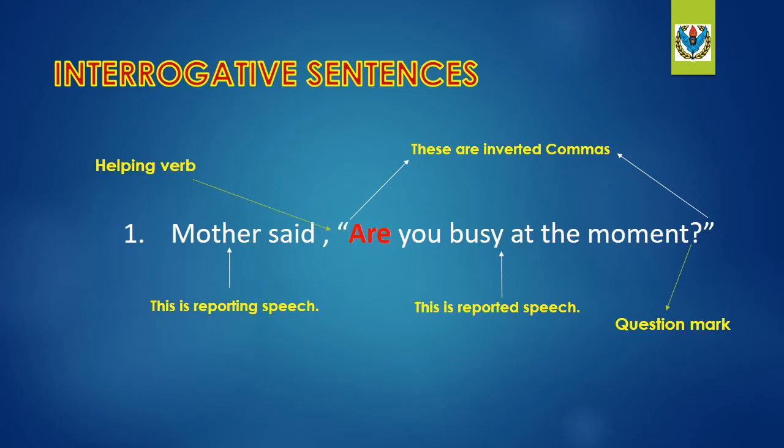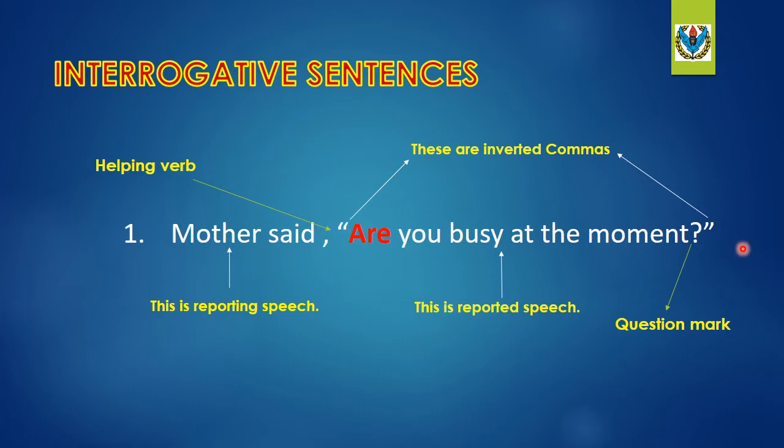Let's see what an interrogative sentence looks like. Look at the sentence. It has two parts, reporting speech and reported speech, because it's a direct speech. But the reported speech here starts with a helping verb instead of a subject. You can also see that there is a question mark in the end instead of a full stop.